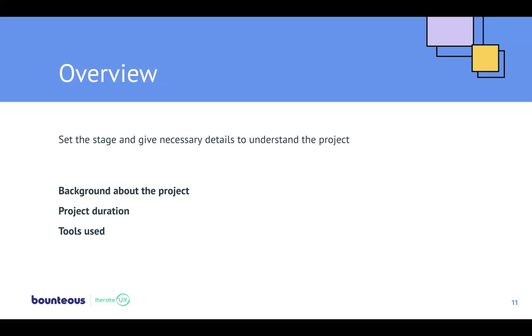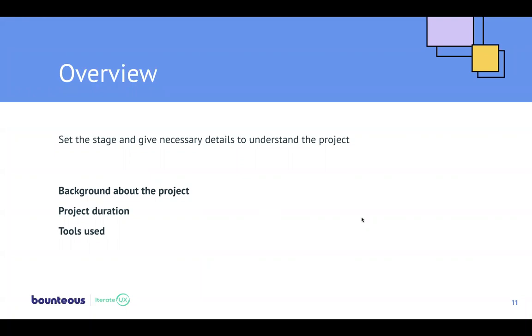So all that you can include in the overview. It just gives the right amount of details to understand the project. Like I mentioned here, background, you can also include project duration and the tools as well. Tools in the sense could be software or any other tools which you've used in that particular project.